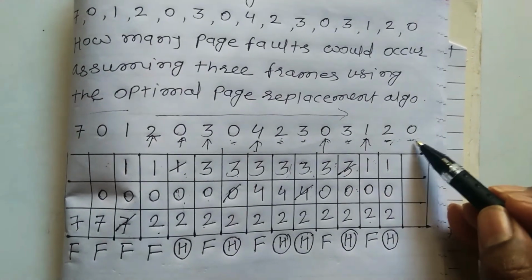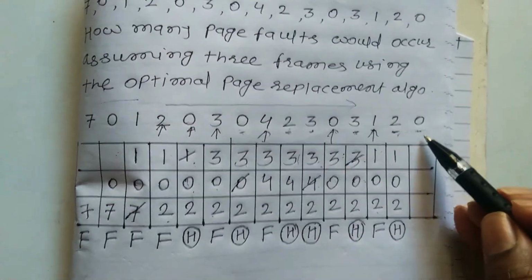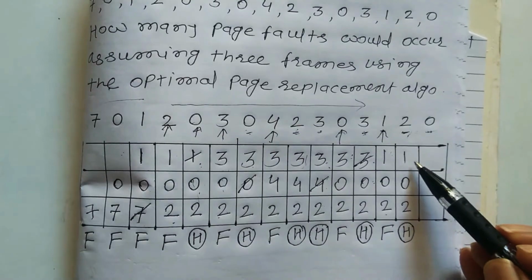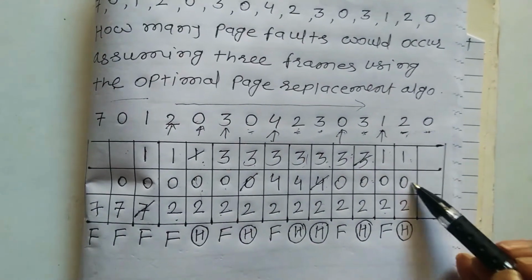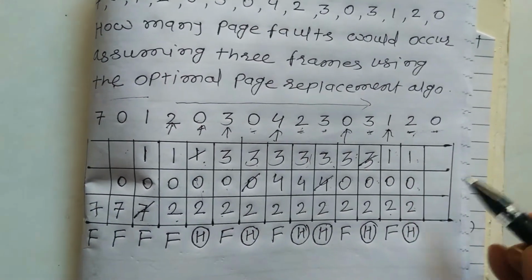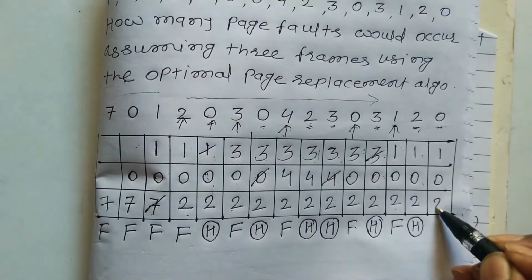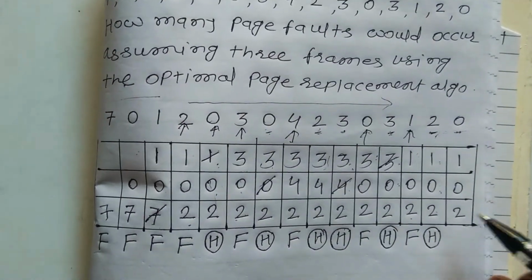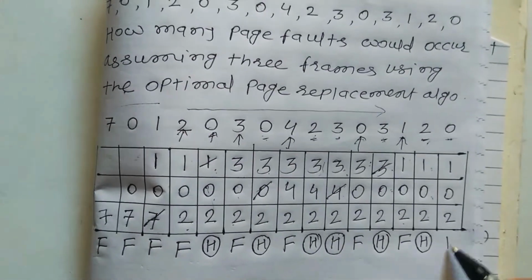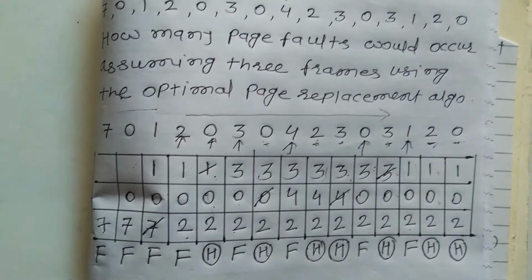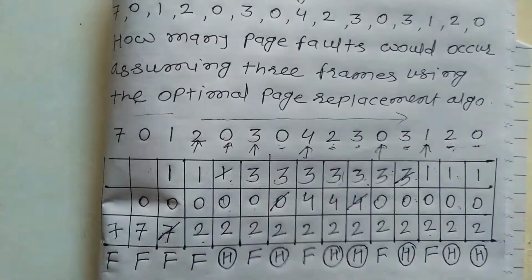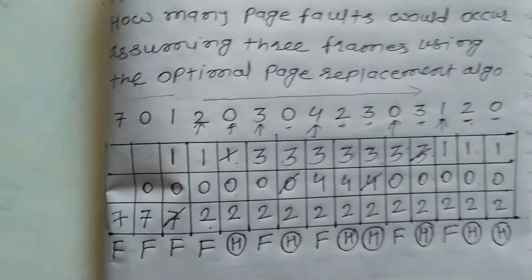Then the next page I want to place in the main memory is 0, and if I see the previous frames, 0 is already there in the main memory. So I will write down these pages as they are, and this is a page hit once again.